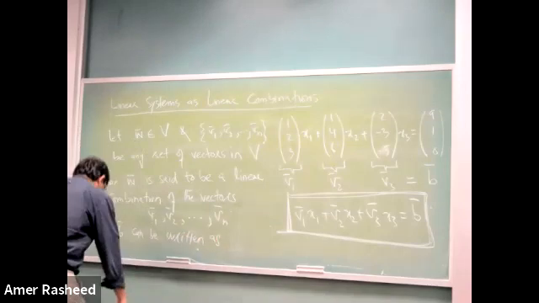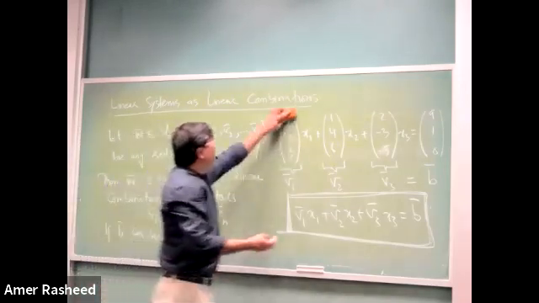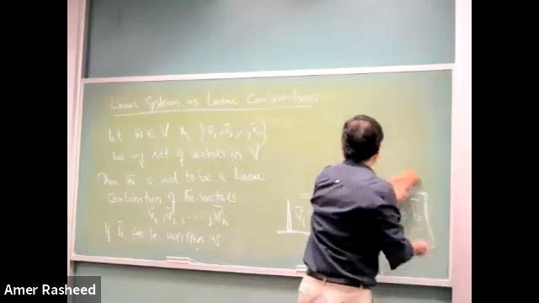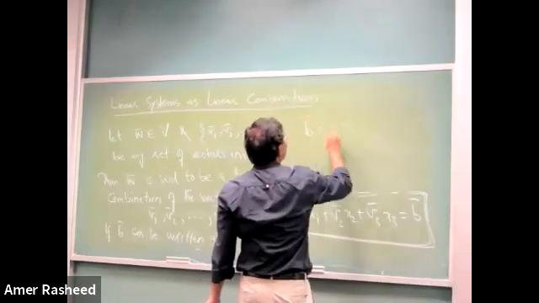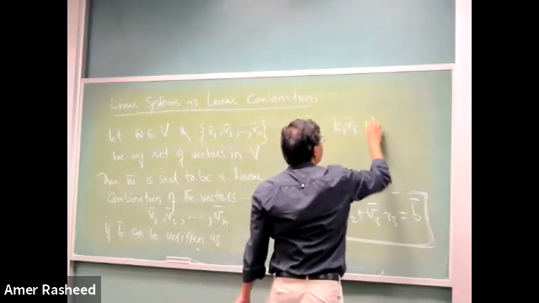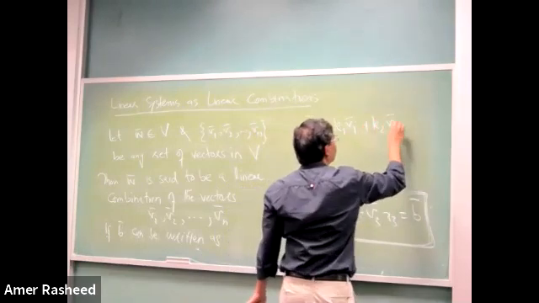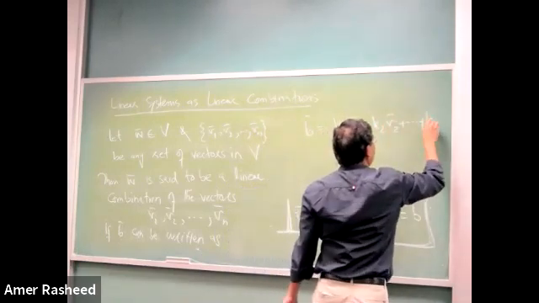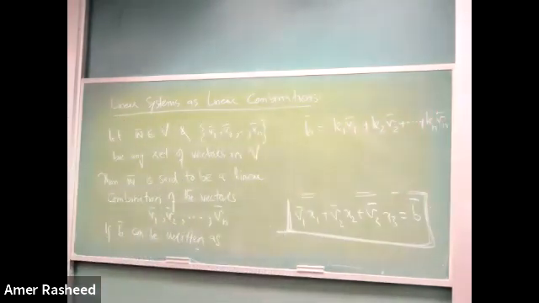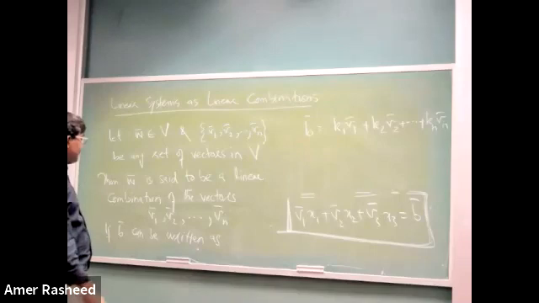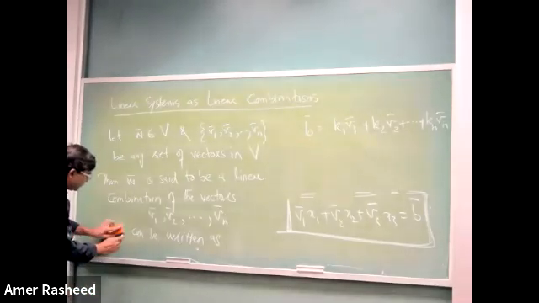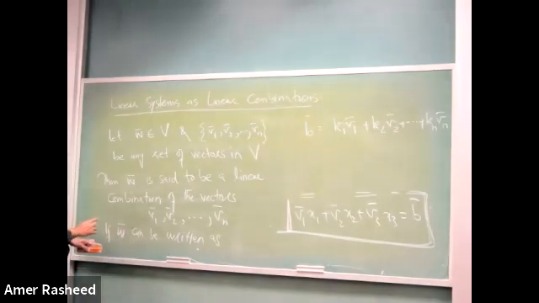How? W is equal to some scalar k1 into vector v1, some other scalar k2 v2, plus so on, plus kn vn. Okay. Sorry, not B, it's W.